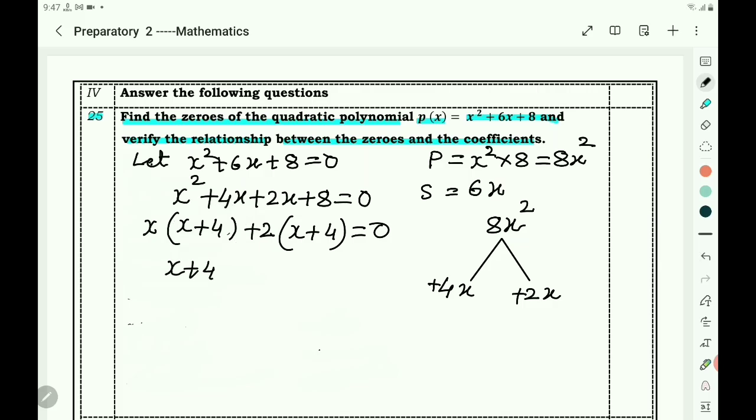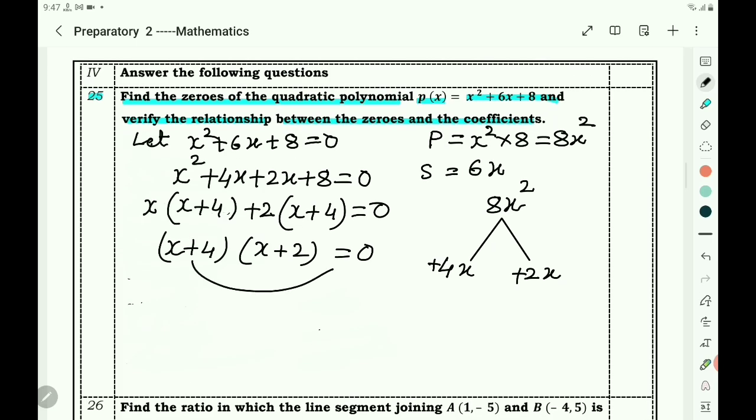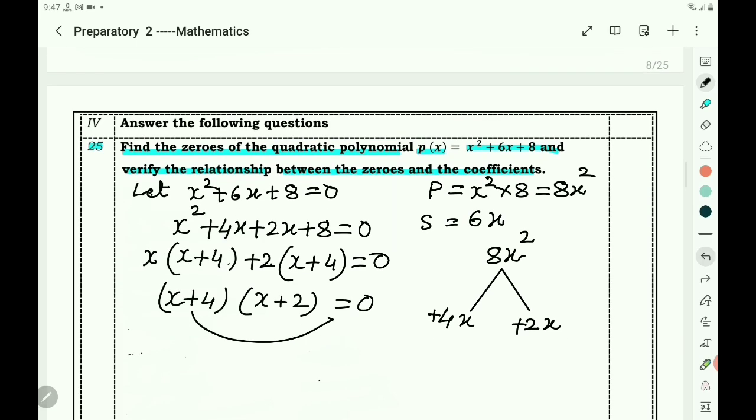In the first bracket you write x plus 4, in the second bracket x plus 2, equals 0. Equate each factor to 0: x plus 4 equals 0 or x plus 2 equals 0.